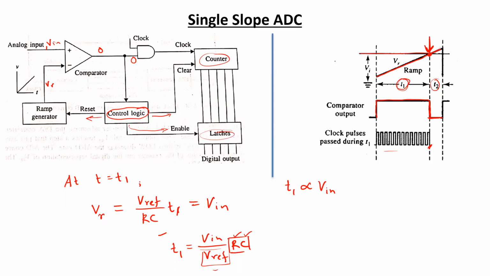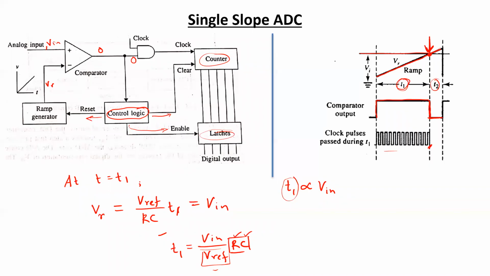So we can say that the conversion time T1 is directly proportional to the input voltage, or they are proportionally related. However, the values of resistance and capacitance may vary depending upon some variation in parameters in the surrounding environment.